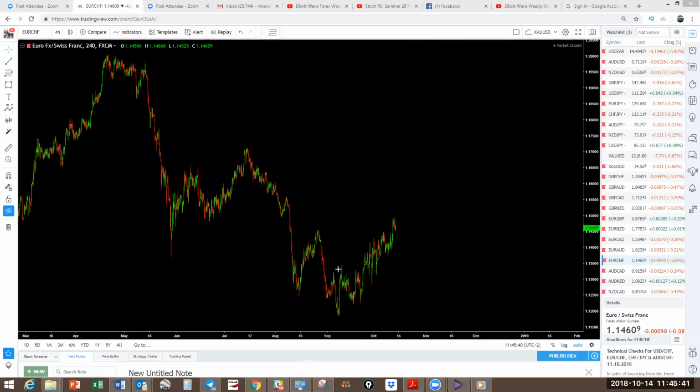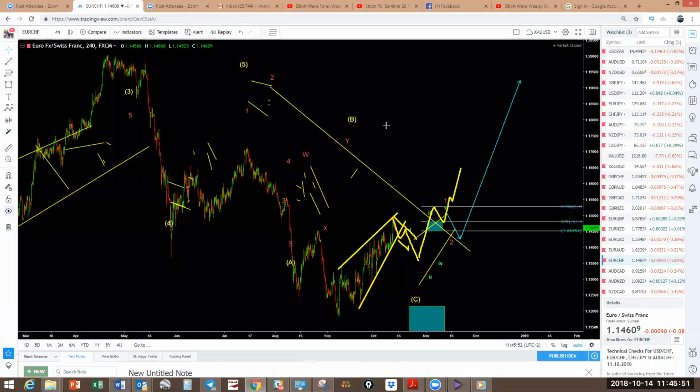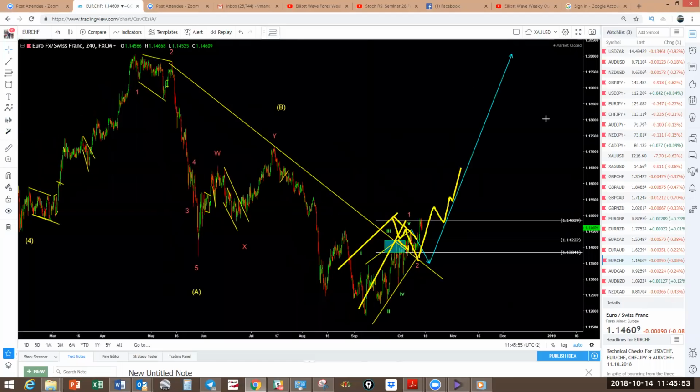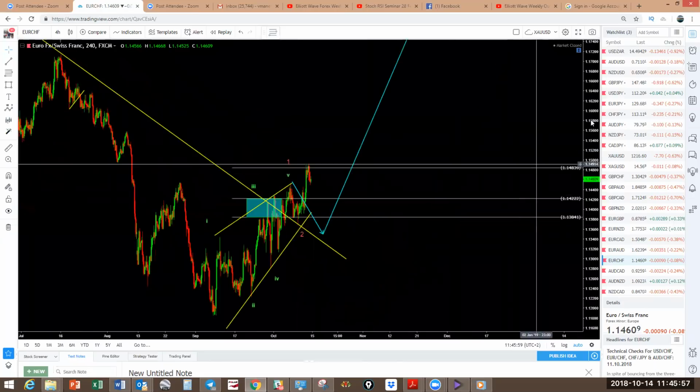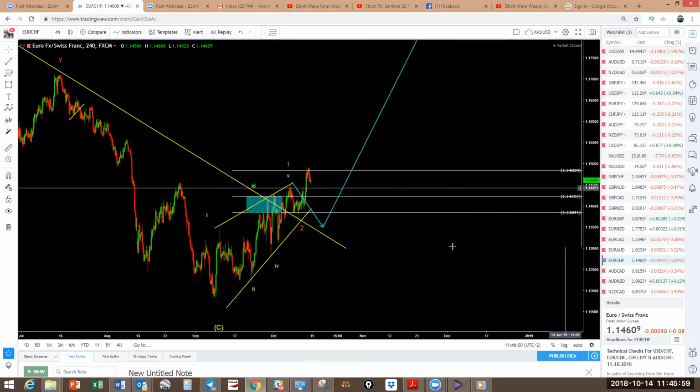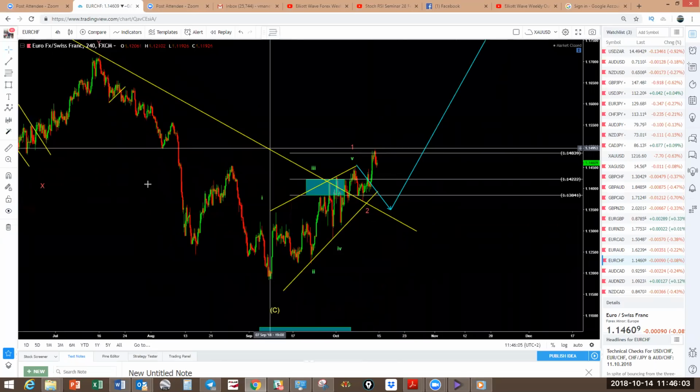Unless this is making a diagonal, I think it is making a diagonal, wherein this is going to come do that, then we're going to push up higher for one more. Let's just see here what my count is. I think I've indicated a diagonal. We're still going to do EURCAD. We're still not done with the euros. Thanks, G. Right, let's take this off.